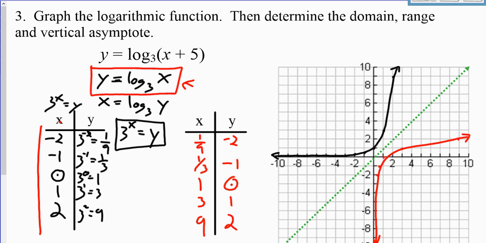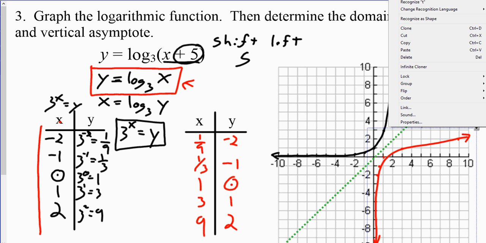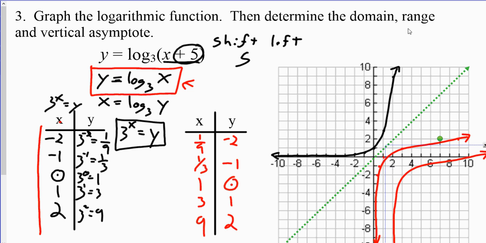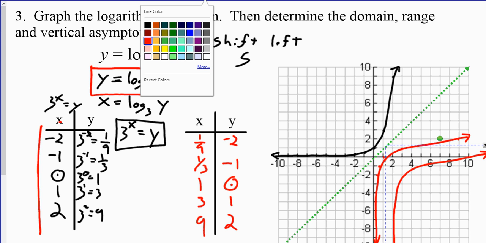y equals log of x. So now if I want to graph this, because this plus 5 is in my argument, it is going to be a horizontal shift. So this is going to shift it left 5. So I can look at my graph and say, all right, I'm going to use the same graph and change the color of it.